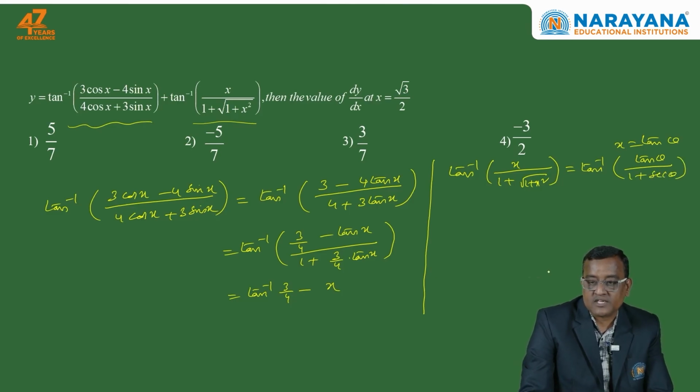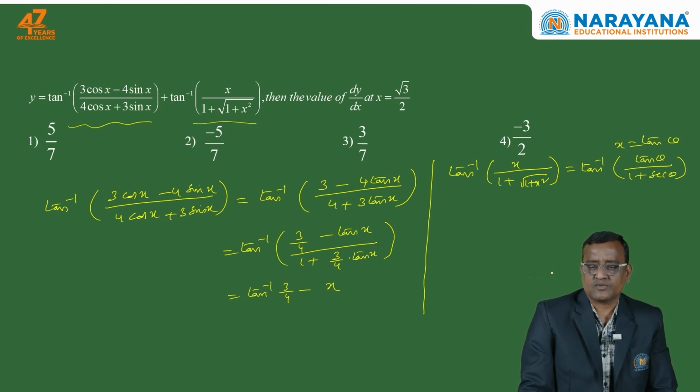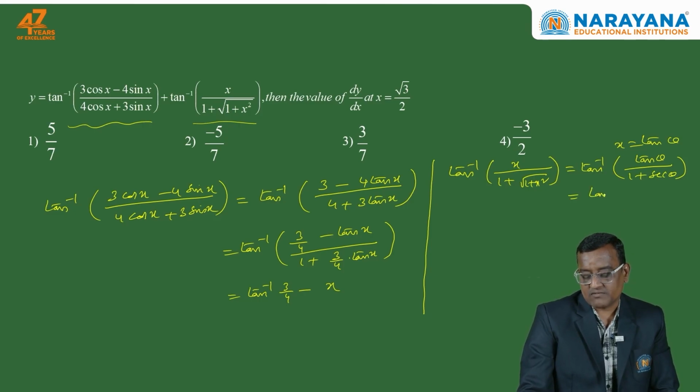Root of 1 plus x square is root of 1 plus tan square theta, that is secant square theta under root, secant theta. Now write tan theta as sin by cos and secant theta is 1 by cos theta. Then it will become tan inverse of sin theta by (1 plus cos theta).